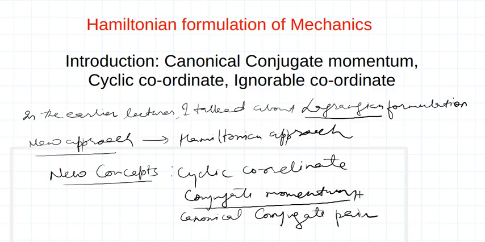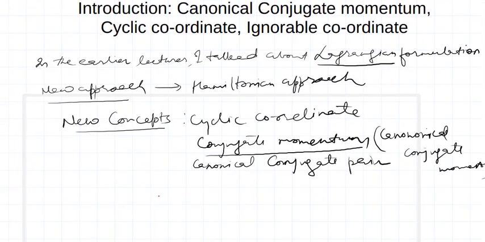Sometimes this conjugate momentum is known as canonical conjugate momentum, right? And the cyclic coordinate is sometimes also known as ignorable coordinate. So these are the things which I will talk about here in this lecture.